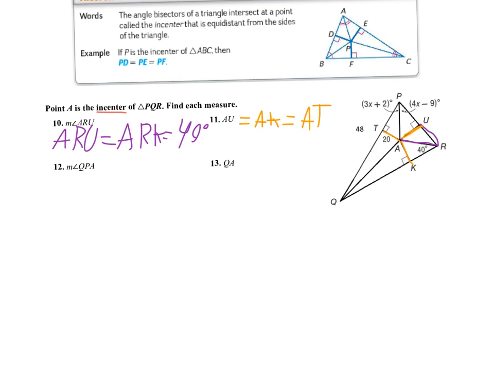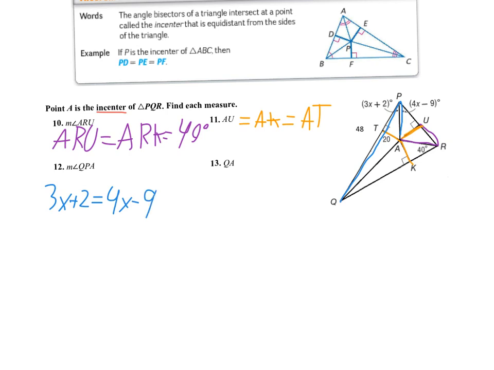Angle QPA. Well, QPA is a bisected angle from the bisector PA, which means that this 3x plus 2 must be equal to this 4x minus 9. So we're going to set up our equation as 3x plus 2 is equal to 4x minus 9.